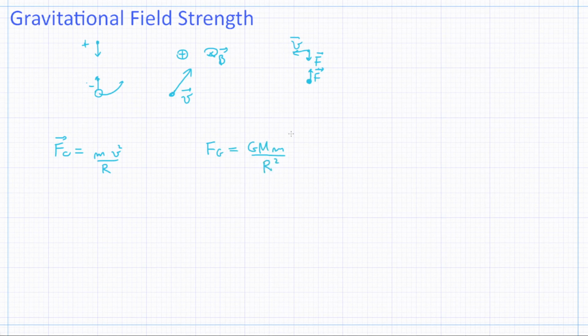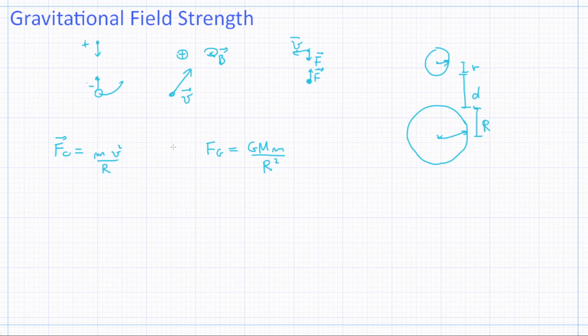Again, both forces are assuming point masses, so all masses concentrated at the center points. If you have two massive objects whose size is not negligible, then you will have to take into account both radii. In this case, for instance, if this was distance d, I would have to take into account the radius of this and the radius of this large one as well.